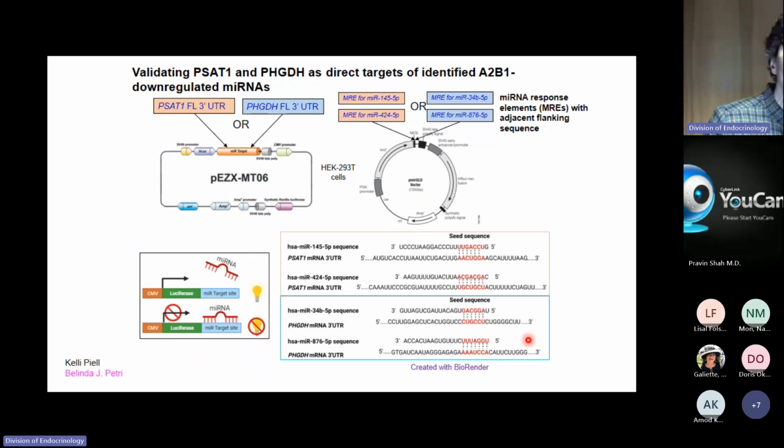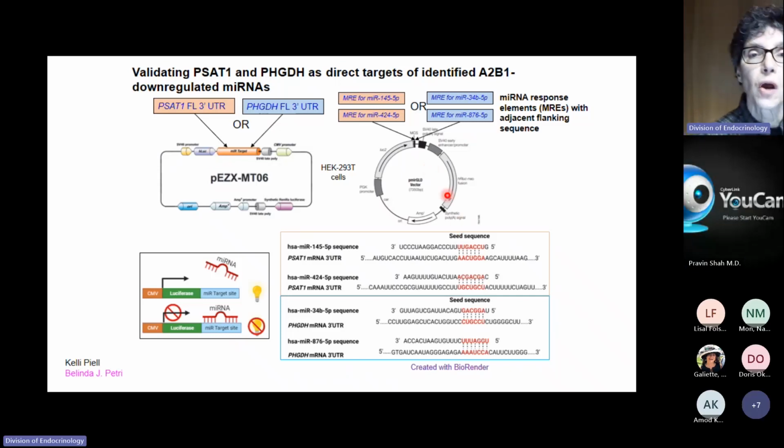microRNAs, what we did was to purchase a dual luciferase reporter vector with either the PSAT1 full-length 3' UTR cloned downstream of the firefly luciferase, and here's the Renilla luciferase, so it's dual luciferase, or the PHGDH full-length 3' UTR, again, downstream of firefly luciferase.